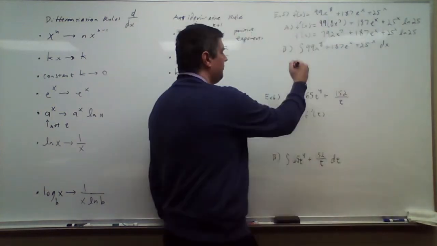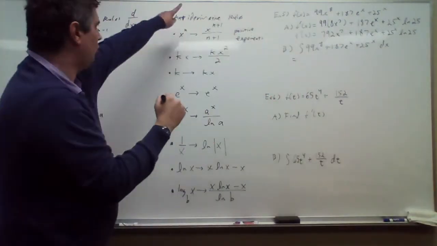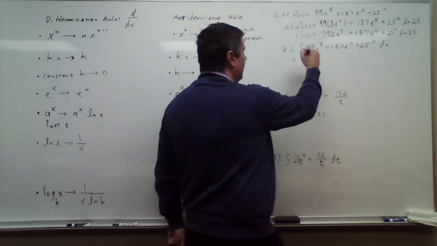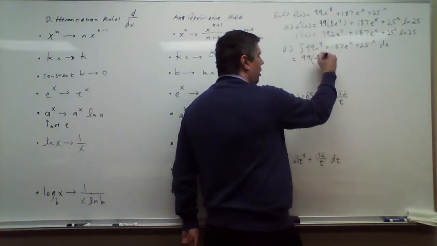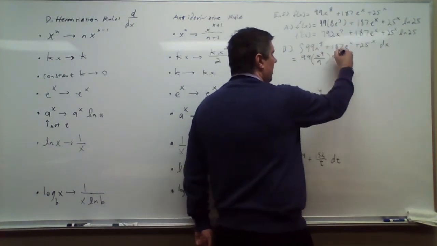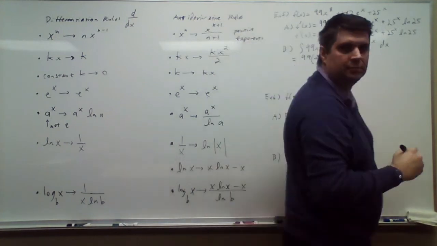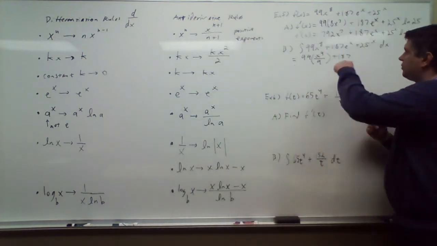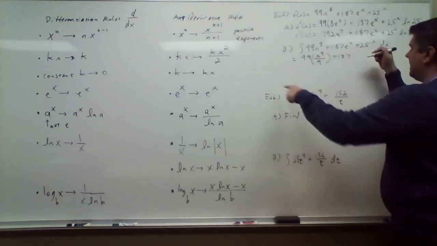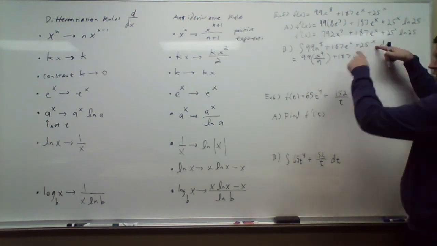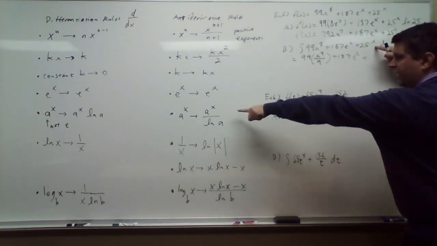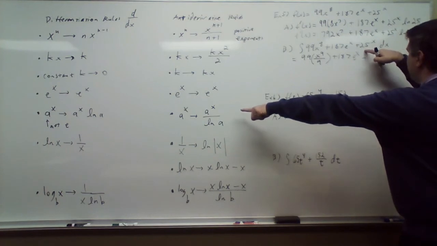Now in this case, we follow the antiderivative rules. So this is going to be 99 times x to the 9th over 9 plus 187, and the antiderivative of e to the x is e to the x. And for this one, the anti-differentiation rule we use is different because that's not e.